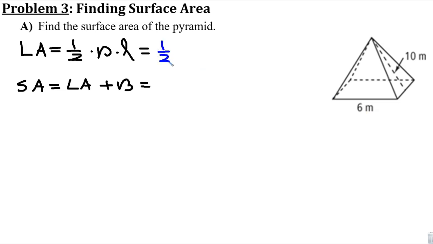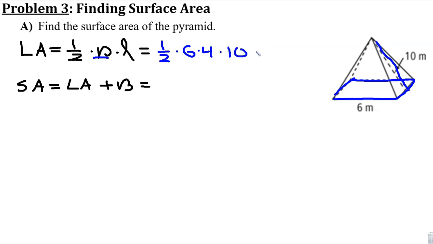We have the 1/2. P for the perimeter of the base is just adding all 4 sides of this square on the bottom together. So we can just say times 6 times 4 for that perimeter. And then L, the slant height, that's the height running down the side of the pyramid, and we gave you that here. In this case, that's a 10.